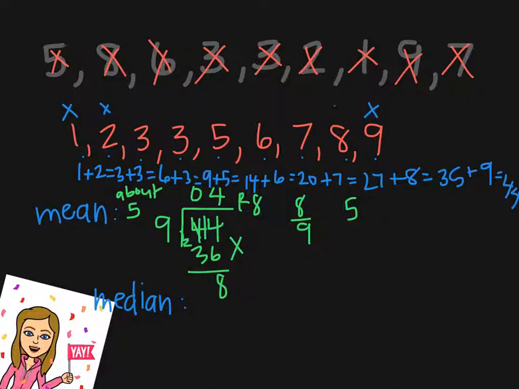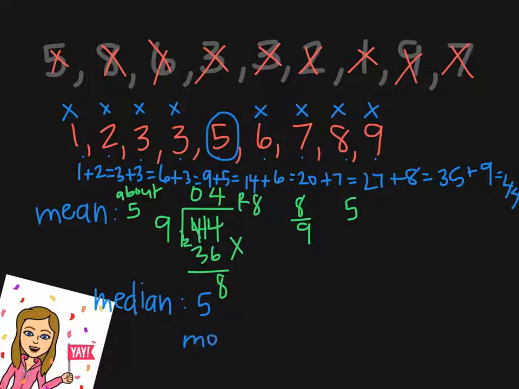Then I do it again. And I still have more numbers to go to get to that gooey, doughy chocolate chip center. And I can see I can do it one more time. So you'll see I have 4 X's on top here that I've eaten in, 4 on top here, leaving 5 in the middle as my median. So the median is 5.